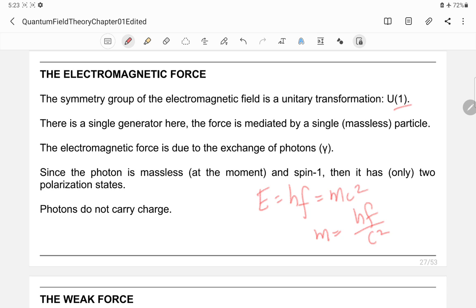So anyway, the theory says it has no mass. Since the photon has spin 1, it has only two polarizations, 1 and -1. By the way, photons do not carry charge, they are neutral.